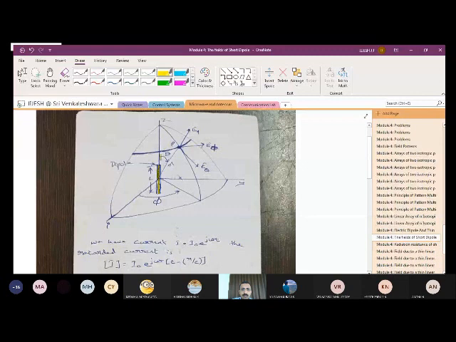Here this is the Z direction, Y direction and X direction, and you are placing the antenna at the center, with length L. This direction of angle is phi, and this direction of angle is theta. So we have the electric field components E theta, E phi and ER as well.